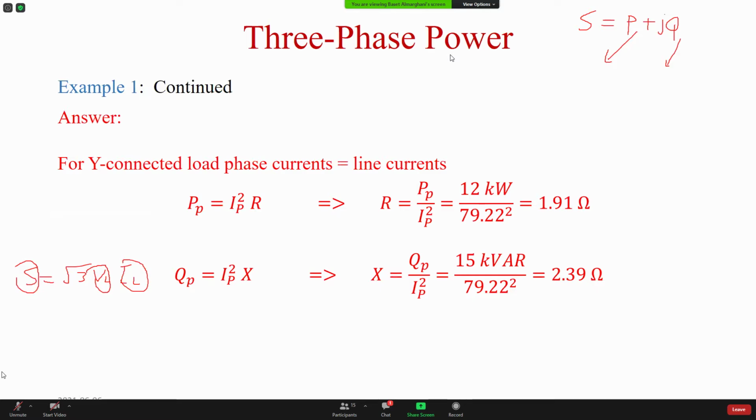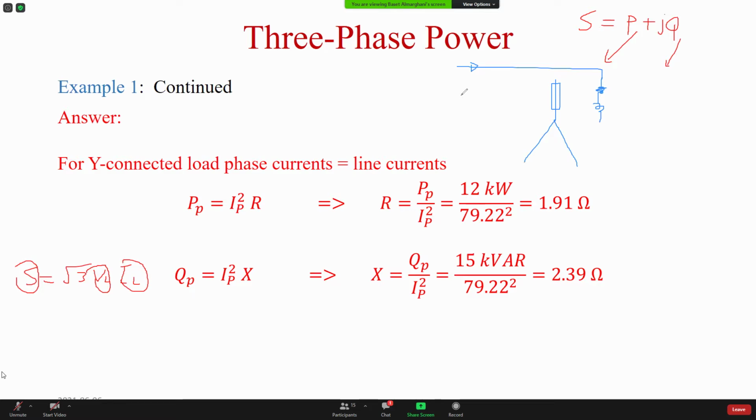Okay. So what we have if the load is connected Y. Here, the load is R and X, each phase. We calculated the current. We know the line current here.